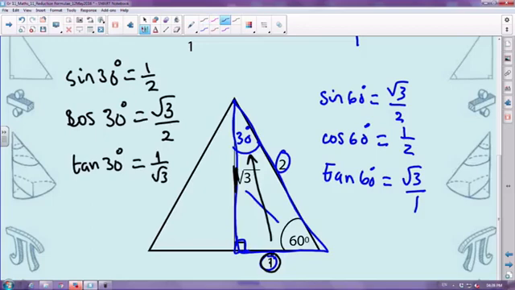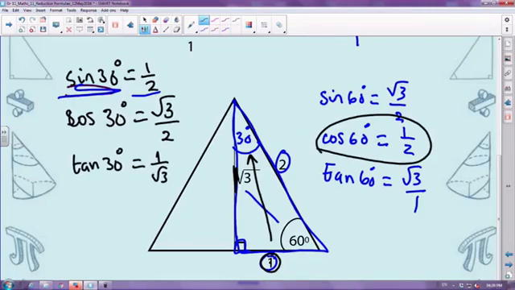If you look, sine of 30 is a half, which is exactly the same as your cos of 60. Now, see what happens. There's a 30, there's a 60.